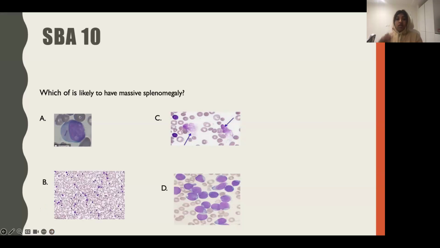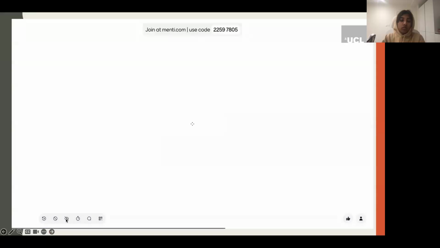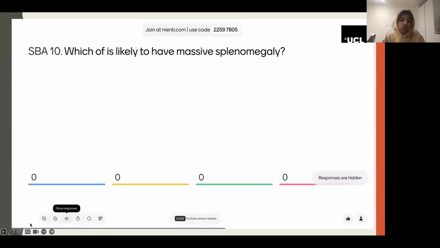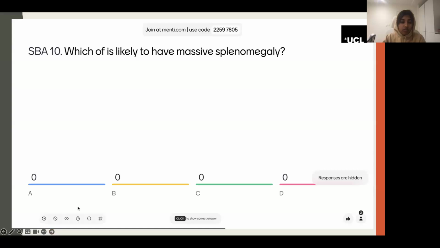Which of the following is most likely to have massive splenomegaly? Okay, let's see what people put.